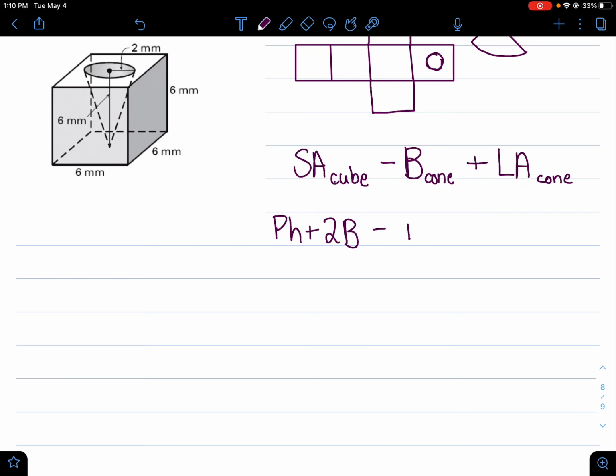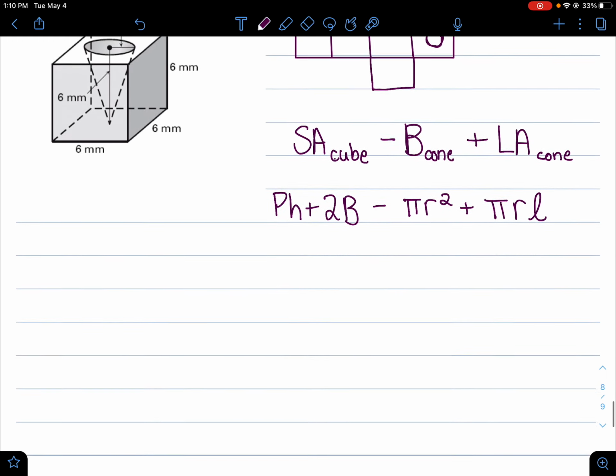I know that the base of that cone is a circle, so I'm going to put minus pi r squared plus the lateral area of a cone. If you look on your formula chart, what is the formula for the lateral area? Only the lateral area of a cone. Pi r L.